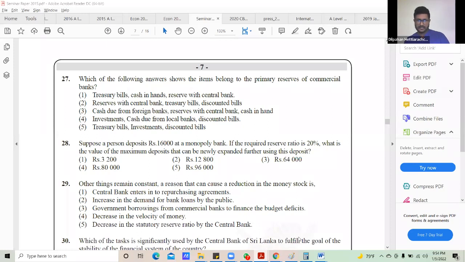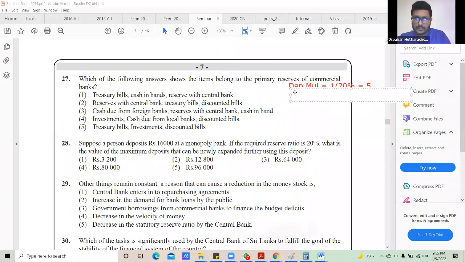Okay, some people are telling it's the third answer. Some people are telling it's the fourth answer. Okay, let me do the calculation. First of all, I will calculate the deposit multiplier. 1 divided by 20%. Answer is 5. So that's the first calculation.